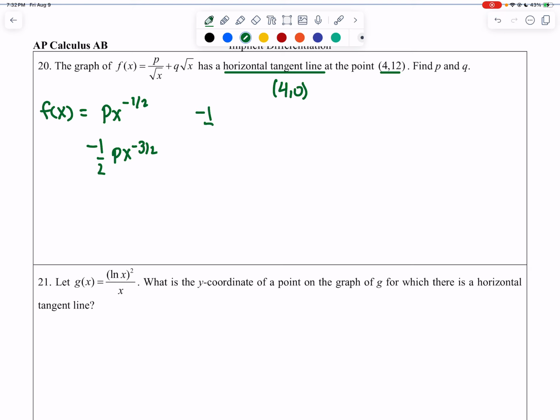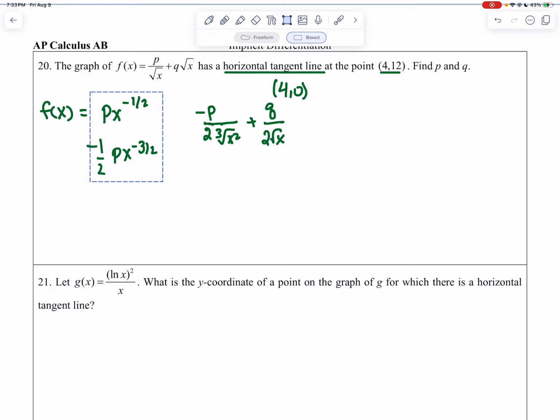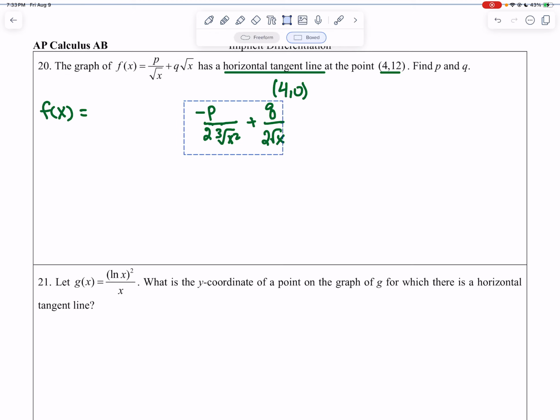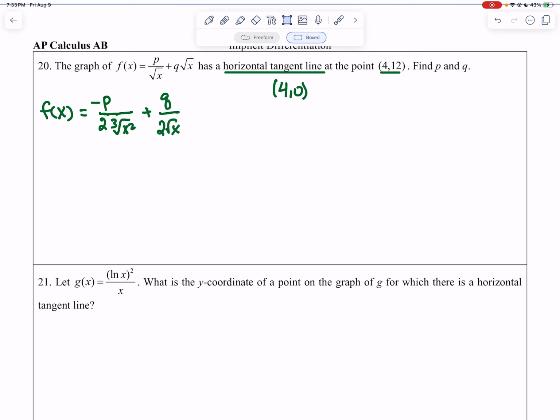I'm going to simplify that so that I have negative p over 2 times the cube root of x squared. And I already know that the derivative of the square root of x is 1 over 2 root x, so that's q over 2 root x. That is going to represent my derivative.